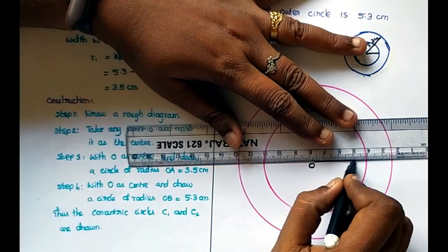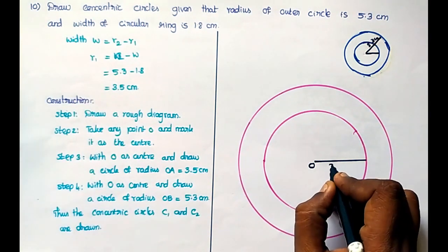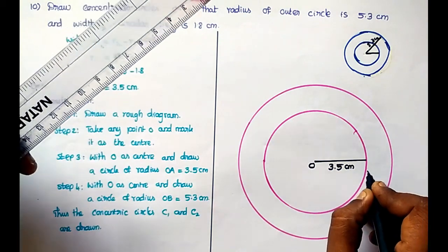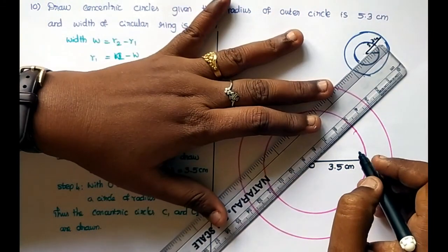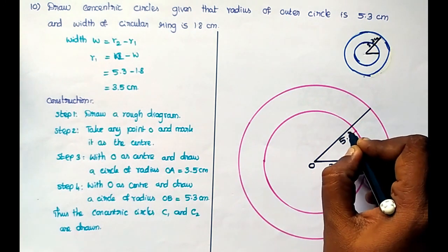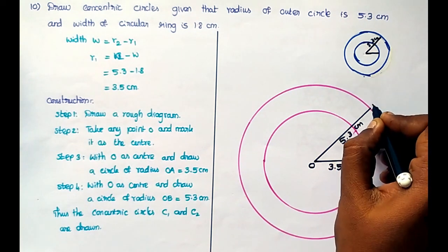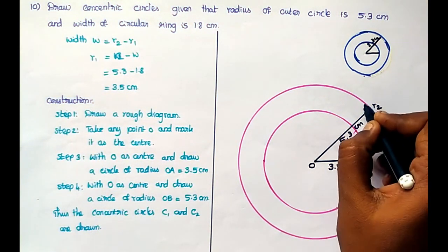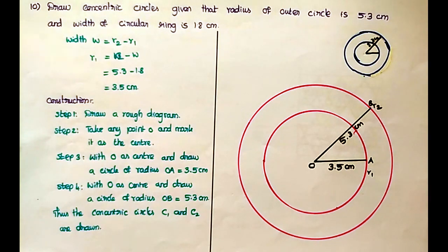Now R1 equal to 3.5 centimeter, R2 equal to 5.3 centimeter, OA and OB, right? That is the answer.